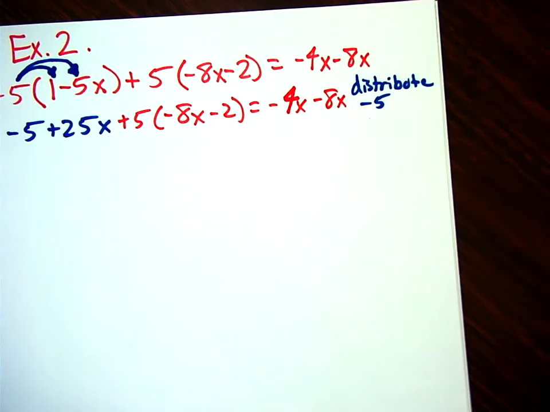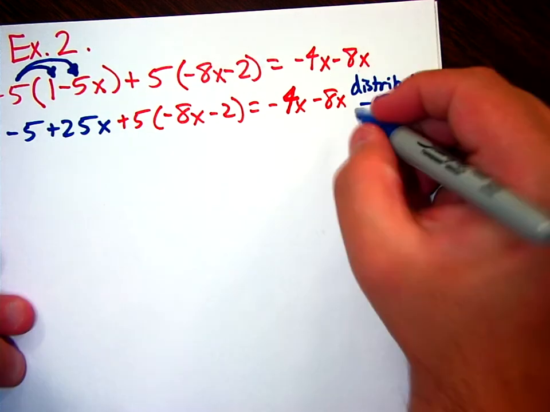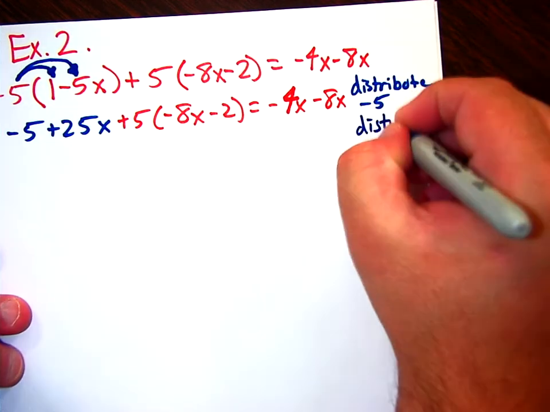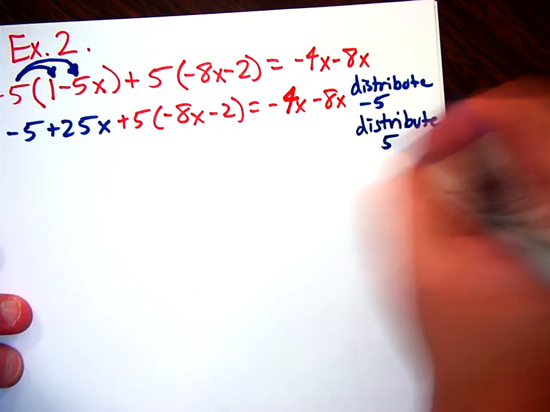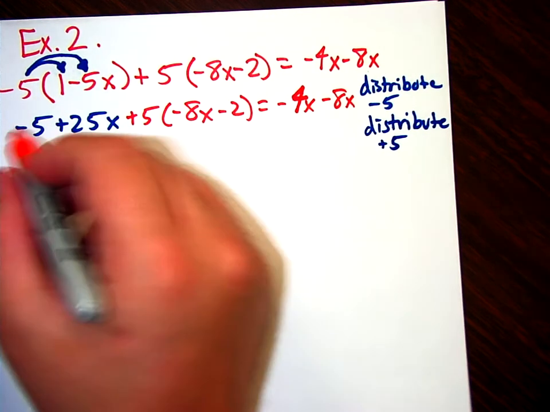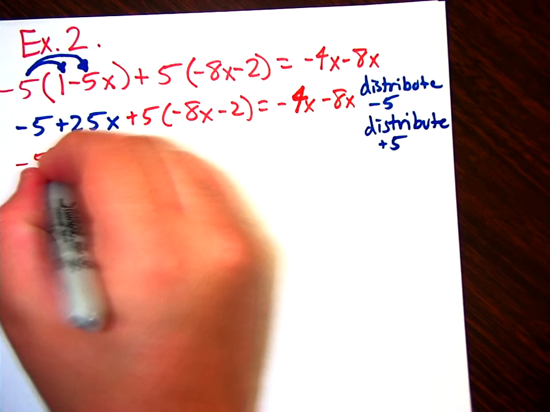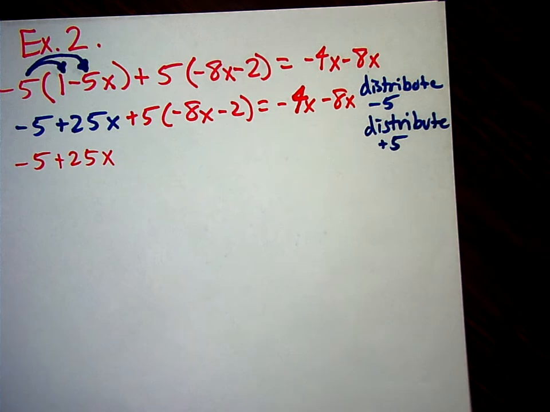Okay. Now, I'm going to distribute the positive 5 this time, the positive 5. Okay, so this guy here is just going to come down, minus 5 plus 25x, and then we get to our distribution piece.